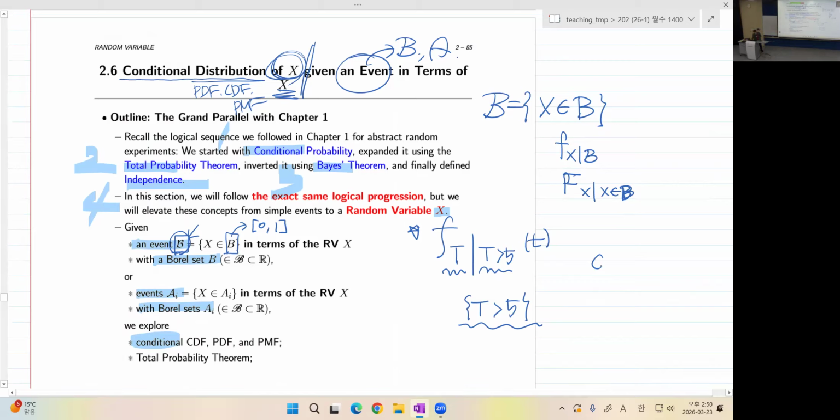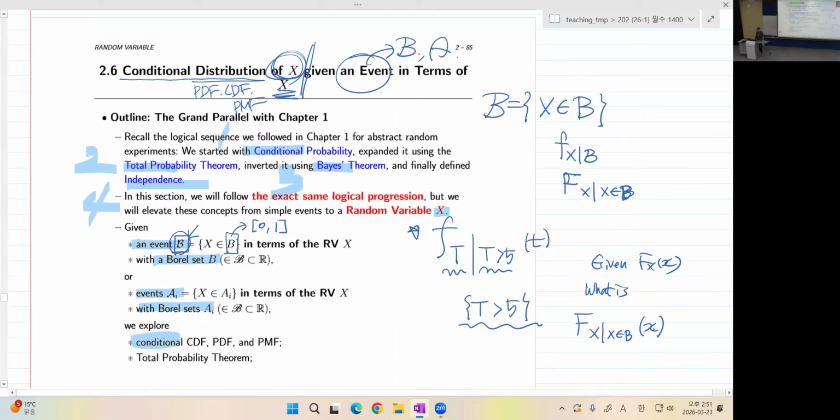Anyway, so given the distribution of X, what is the CDF of X given X is in the Borel set B? B could be an interval, B could be some discrete set, anything. So this is the question.